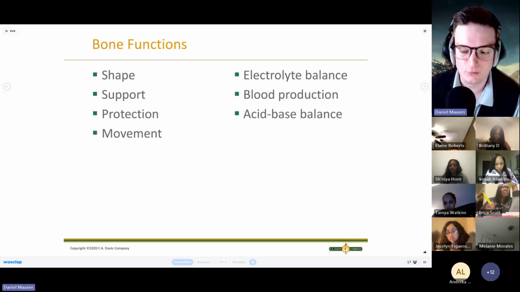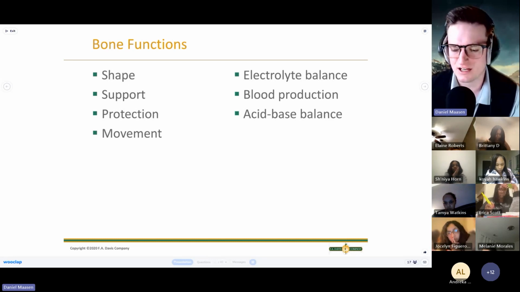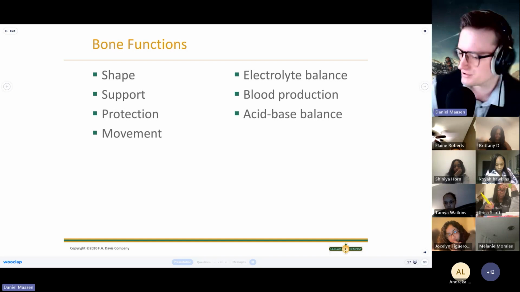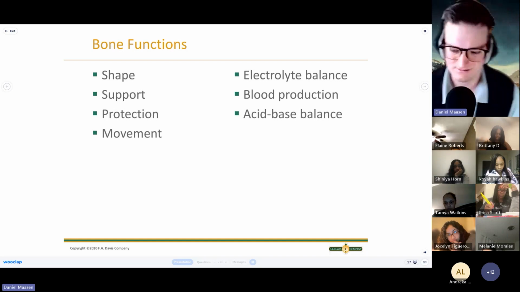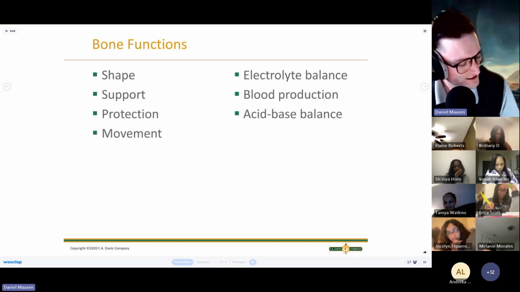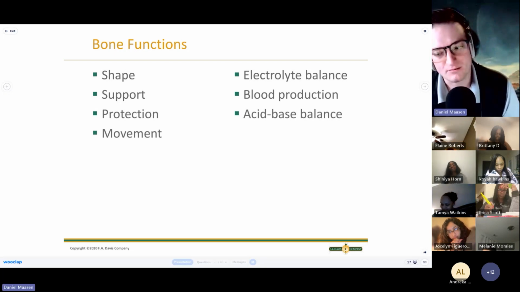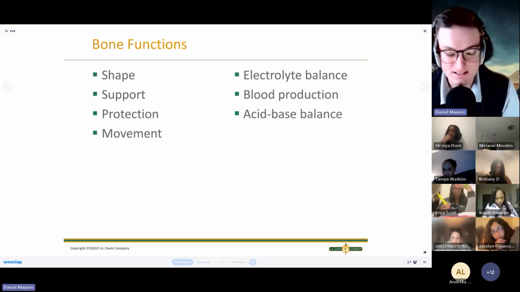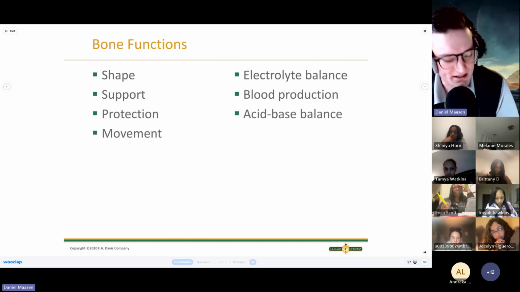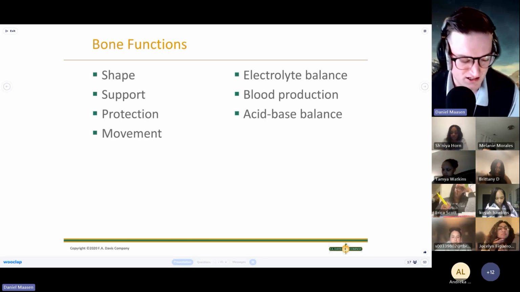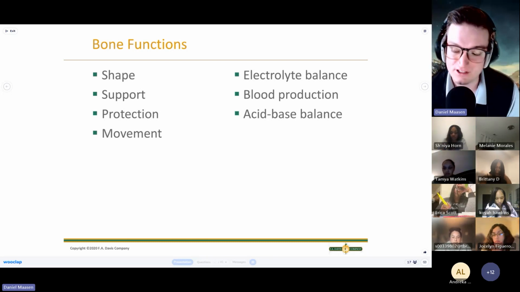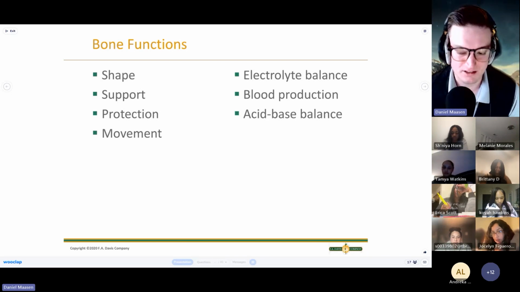There's a lot of other ways to get calcium. I know a lot of people aren't fans of milk. I don't know why. I like milk. I still have a glass of milk with Oreos. That's the best treat, I think. But you can get calcium many other ways, and it is important because that's what our bones are mostly made out of, calcium and this exchange of phosphorus. So that's where electrolyte balance comes into play with bones.